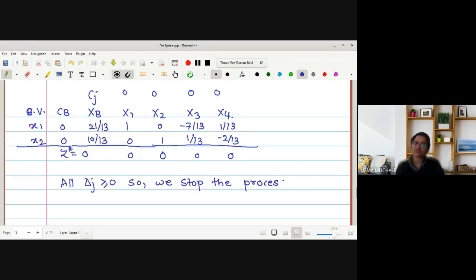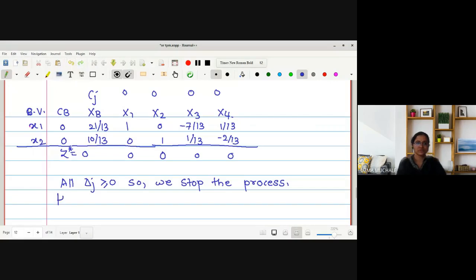Now check which case we have obtained. Maximize Z star is 0. No artificial variable is present in the basis. Therefore, as this is one of the cases defined in the two-phase method, now we are ready to go to phase 2. Therefore, here we will just write proceed to phase 2. Okay, that also I should mention in words.